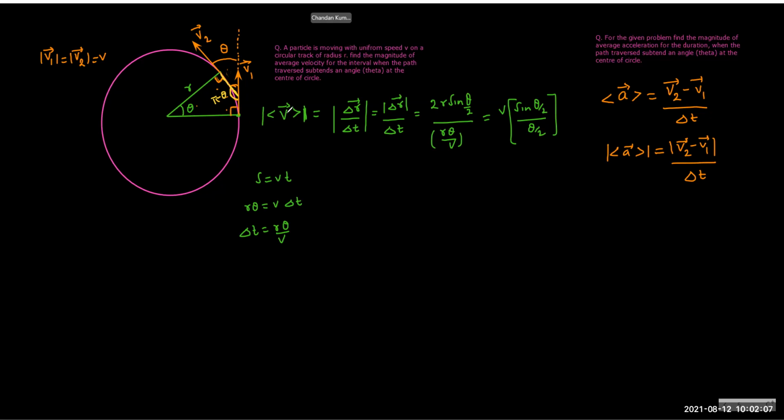So can you tell me the answer now? Sir, it's v under root 2 plus 2 cos theta upon delta t. Pardon? V under root 2 plus 2 cos theta divided by delta t. It cannot be plus. It must be minus. Oh, sorry, 2 minus 2 cos theta.